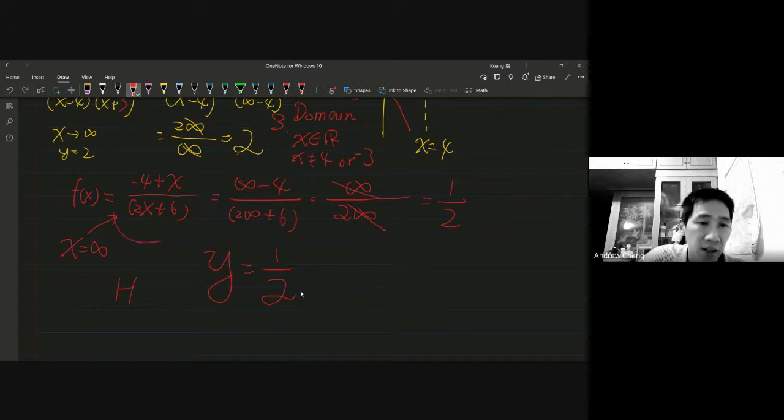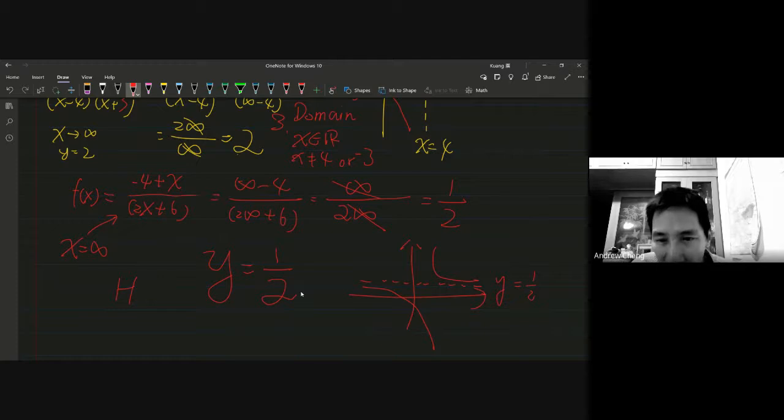Okay, you can type this function in the calculator and then you will find something like this. Maybe like this, and then y equals 1/2 is a horizontal line just between these two graphs.